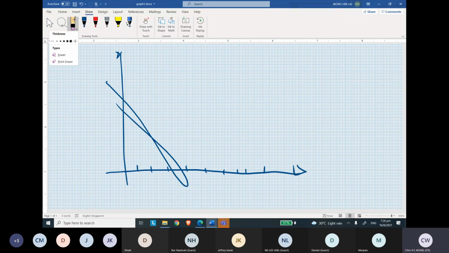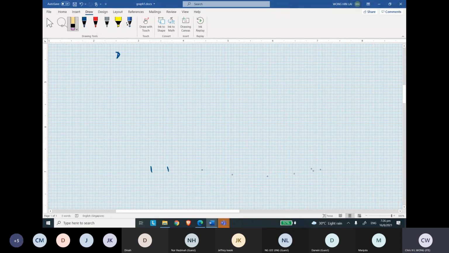I give you one example. Let's say I have 4 data. I give you Lhasa: I have 1,000 people like Lhasa. And then I have Mee Siam, I have 2,000 people.